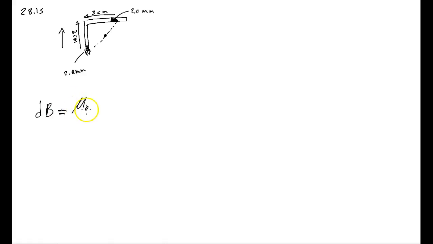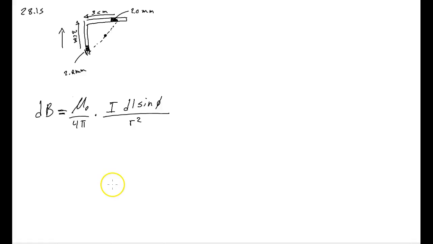So the formula is mu sub naught over 4 pi times current times dl times sine of theta or phi, whatever, over r squared. And we know what mu sub naught stands for.